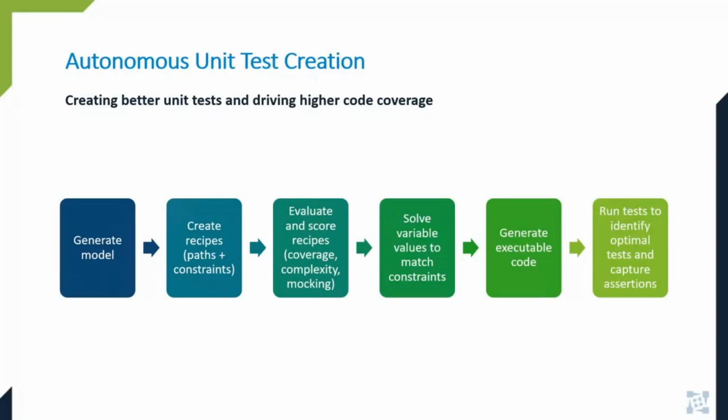But we also will actually go back and clean up certain tests that, from a recipe perspective, looked like they were going to add coverage, but maybe if they didn't, we can go back and clean them up and remove them. So that's how you get this optimal suite of tests that has assertions and has everything pre-configured.